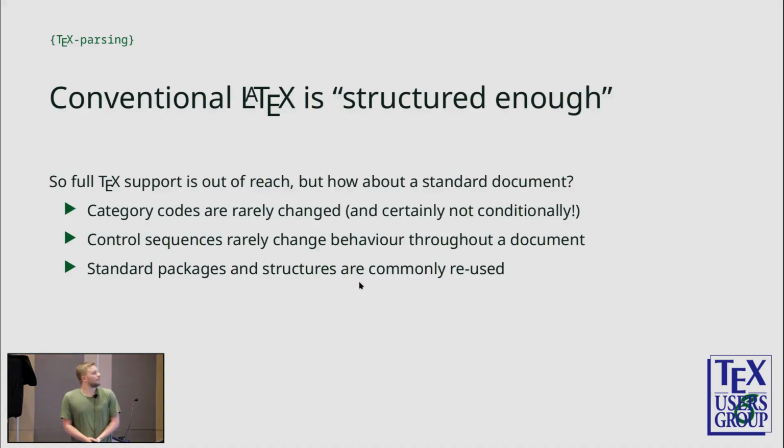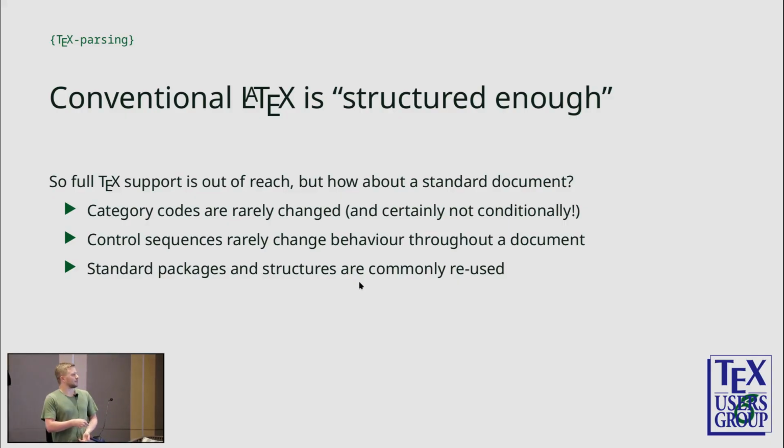Luckily, we don't really need to. We are in the process of writing user documents. They don't tend to change category codes too much. They don't tend to create control sequences that would redefine themselves. Those kinds of behaviors are not really something that we see in user documents. So for the most part, we can ignore them. So we can set up tokenization rules based on the standards of LaTeX. So a control sequence should always be a backslash followed by some letters.